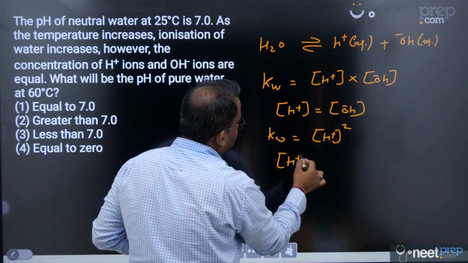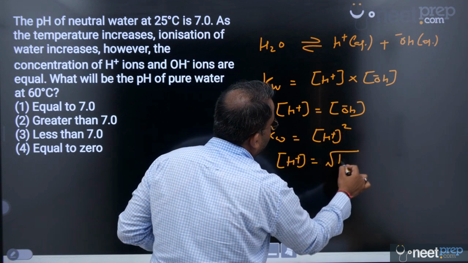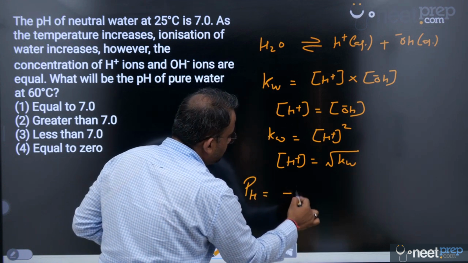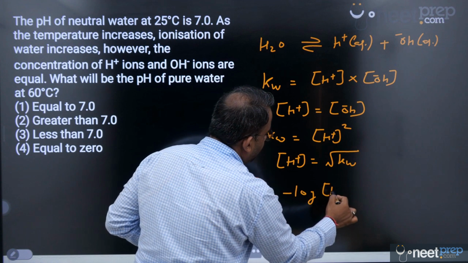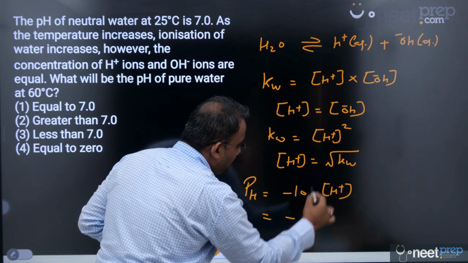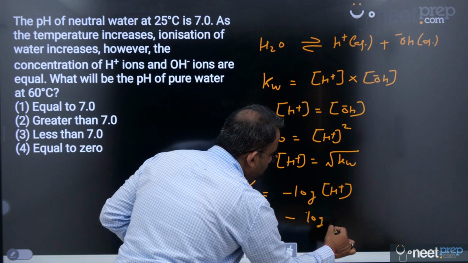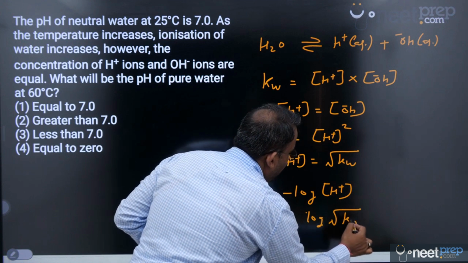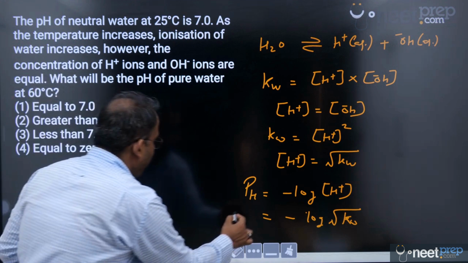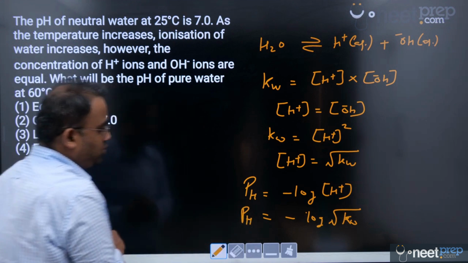So my H plus value will be square root of Kw. Now the relationship for pH is as follows: minus log of H plus ion. So minus log of square root of Kw, this is my pH.